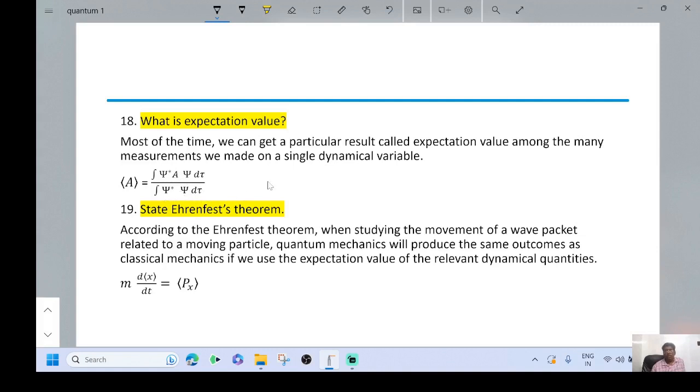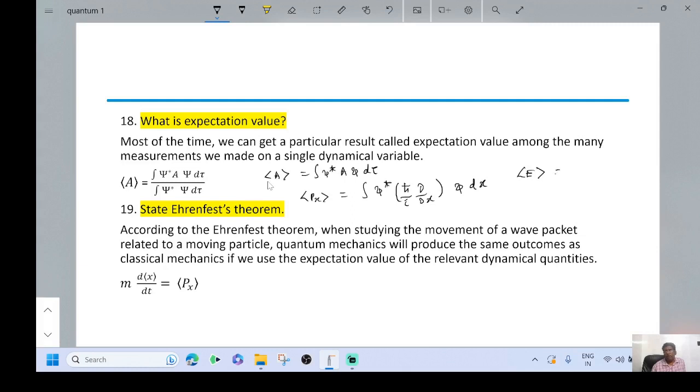Therefore, for a normalized wave function, the expectation of A equals ∫ψ*Aψ dτ. If you want to know the expectation of Px, the x component of momentum, you can write ∫ψ* (ħ/i)(∂/∂x) ψ dx.